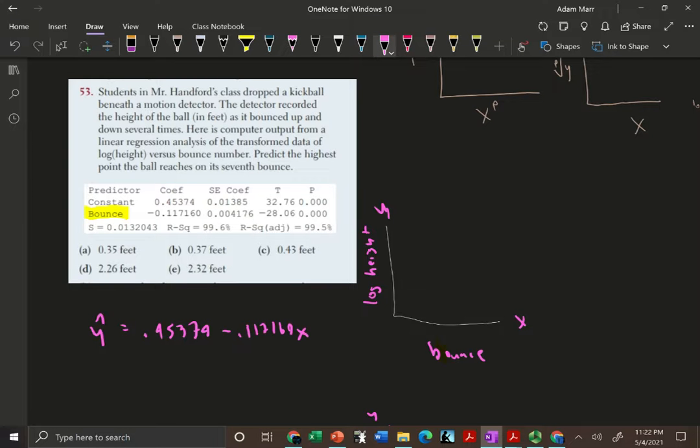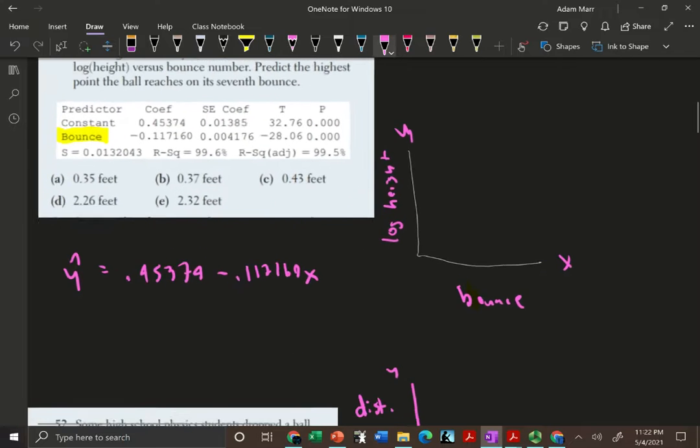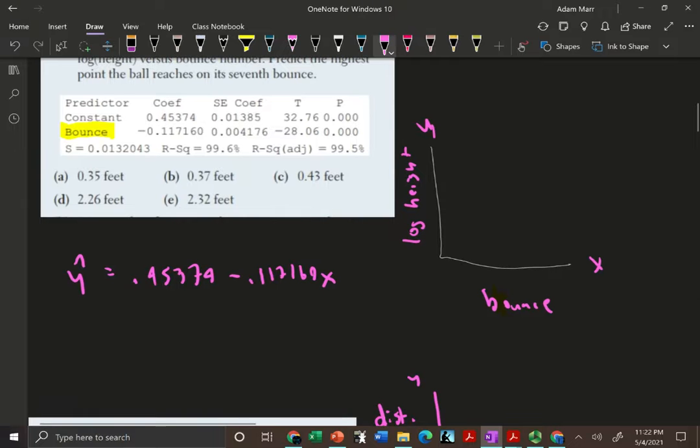To make this even more clear, y is log height, so predicted log height equals that, and x is bounce. In multiple choice, you may see it written like that also.